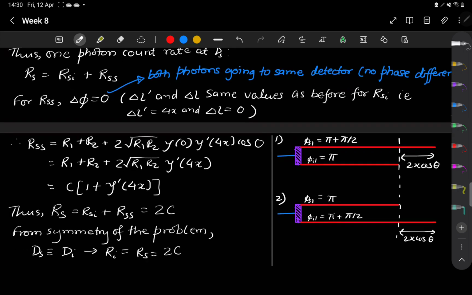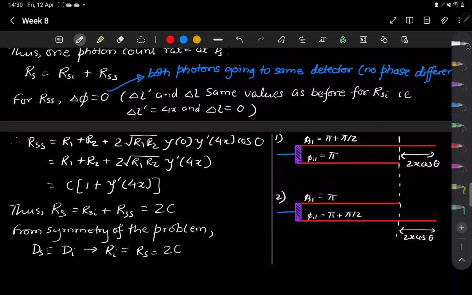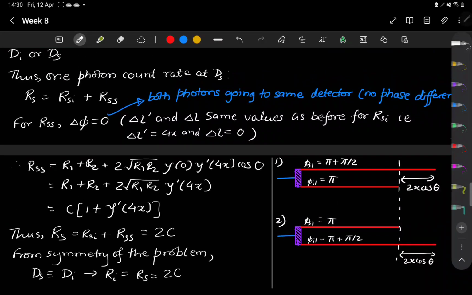So as you can see, again delta L is 0, delta L prime is 4x cos theta, which is approximately 4x for theta equals 0, and delta phi is also 0. The sum total of phi here and here is the same, 2 pi plus pi by 2, here also 2 pi plus pi by 2.